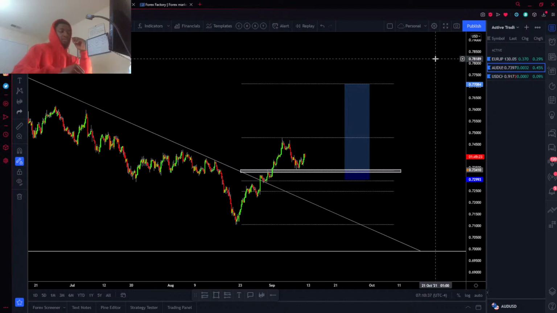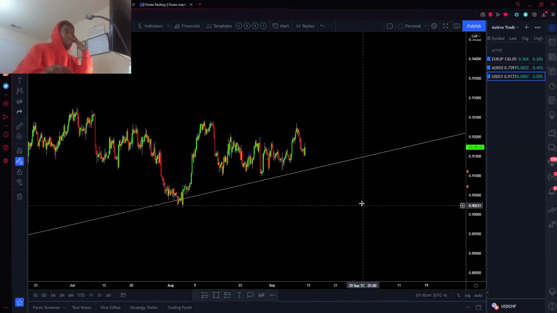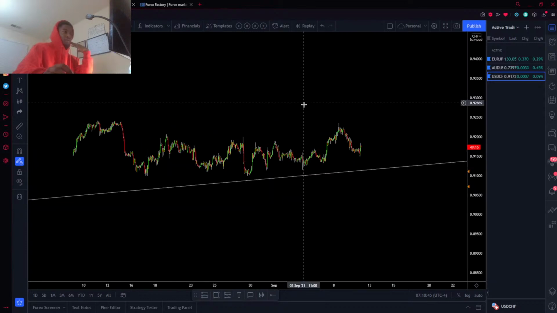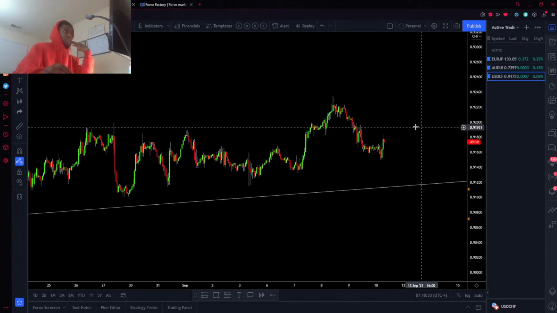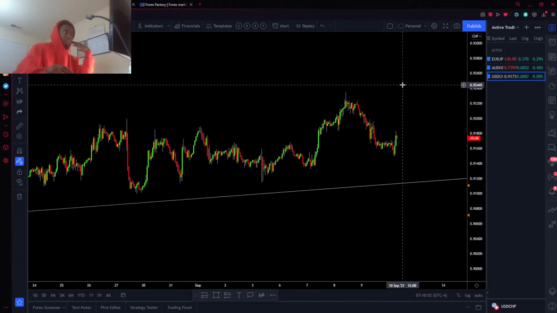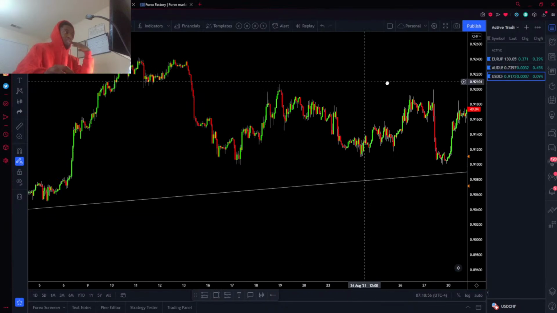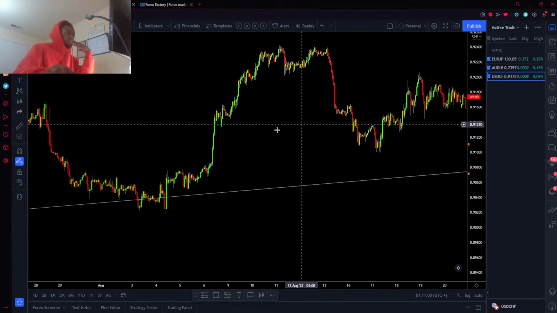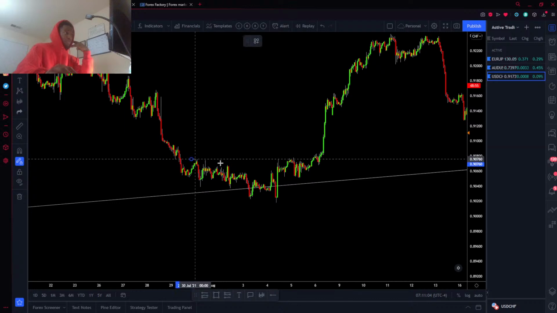What is next? Dollar Swiss. Yeah. I'm not gonna lie to you, I kind of want to take this off my list. The only trades that I've been setting up are on the 1-hour time frame. That's like day trading material. That may be the only time frame I can trade on Dollar Swiss.